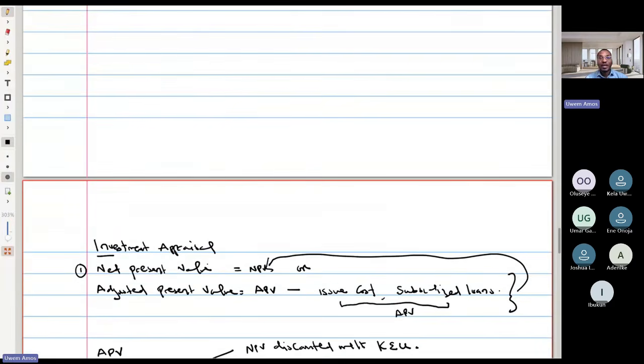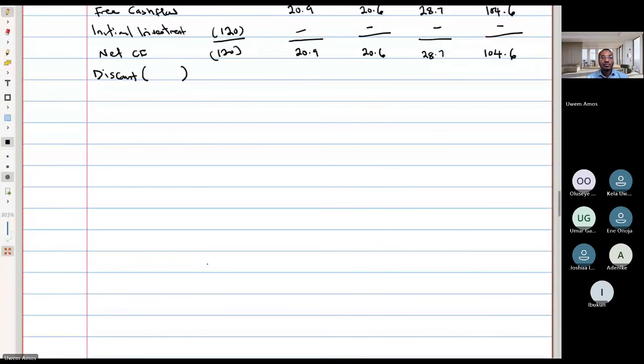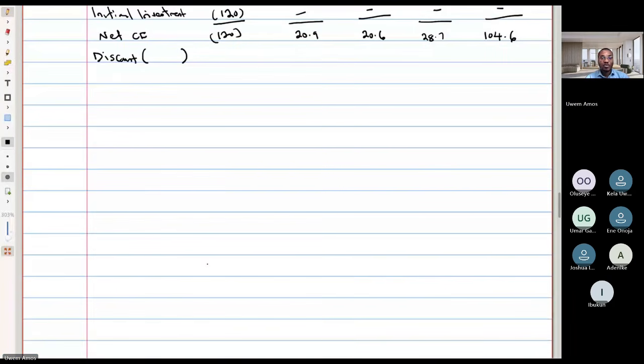The cost of equity would be here, cost of capital, in this case.